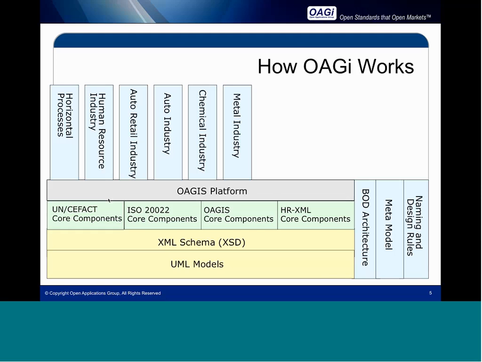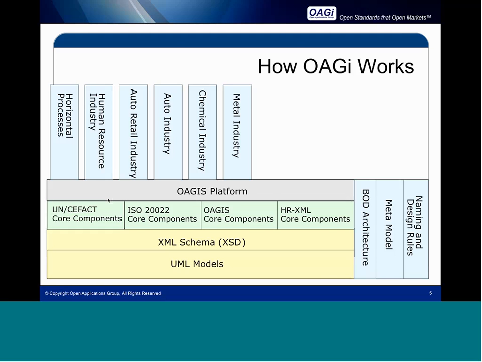Alongside all of these things, we have the BOD architecture. Now, BOD stands for Business Object Document, and you can think of that as a message. So something like a purchase order or an invoice. And so OAGi has specified an architecture for how you construct such things.